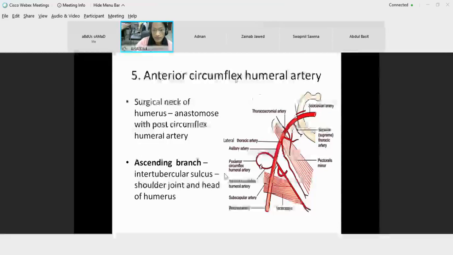Now coming to anterior circumflex humeral artery. This is again arising from the third part of axillary artery. This anterior circumflex humeral artery is winding around in front of the surgical neck of the humerus.